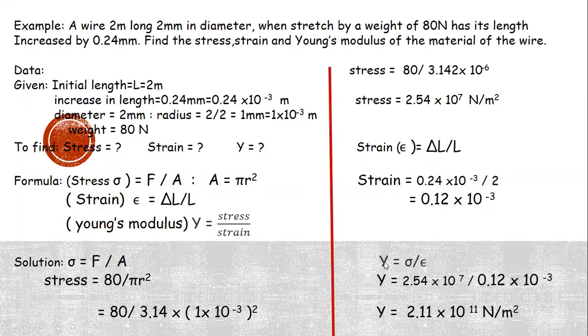Now, Young modulus is equal to stress upon strain. Stress is 2.54 into 10 power 7, and strain is 0.12 into 10 power minus 3. So the Young modulus will be 2.11 into 10 power 11 by calculation.